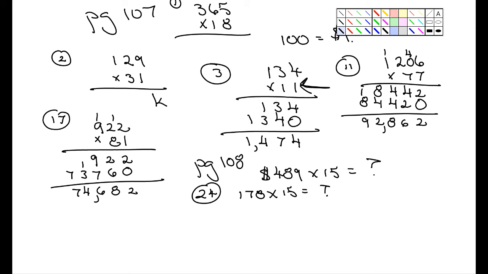Or 11 trips to New York. What's New York? 225. 225 times 11 equals something. And so you'd have to figure out which one would cost more and explain. Well, the fact that you're doing the math right there, that will be a sufficient explanation.